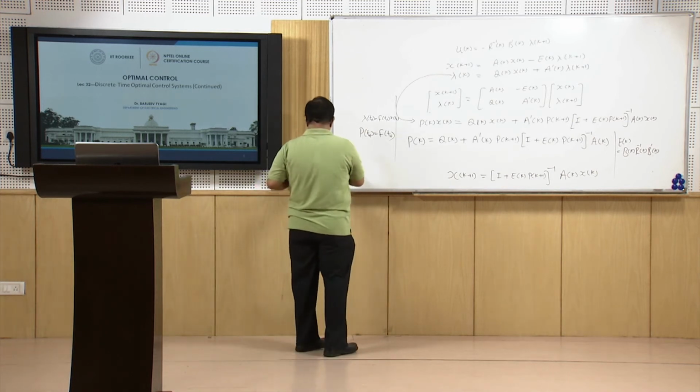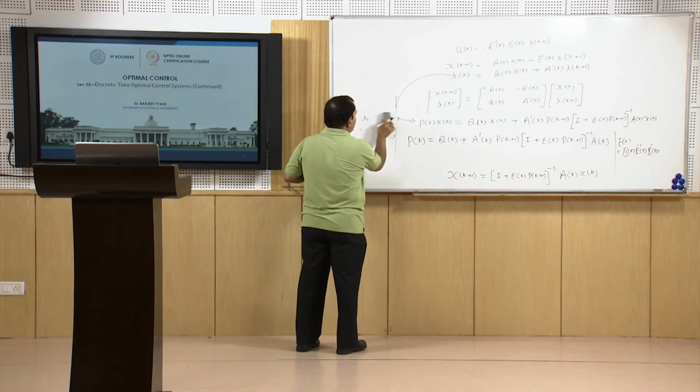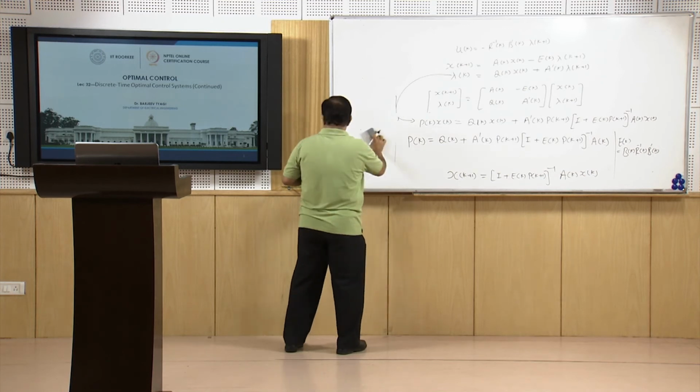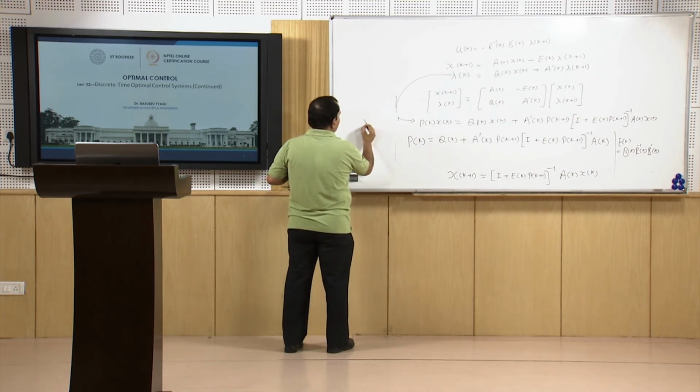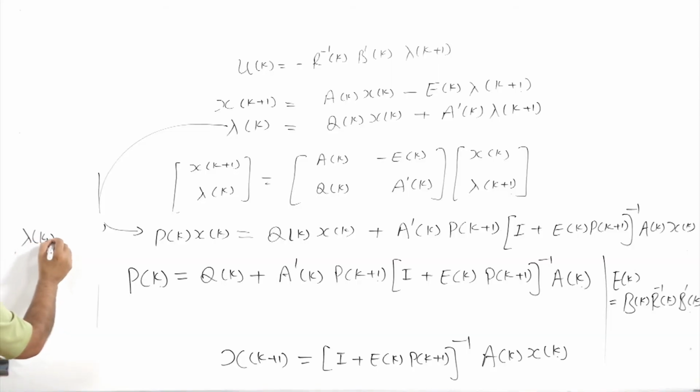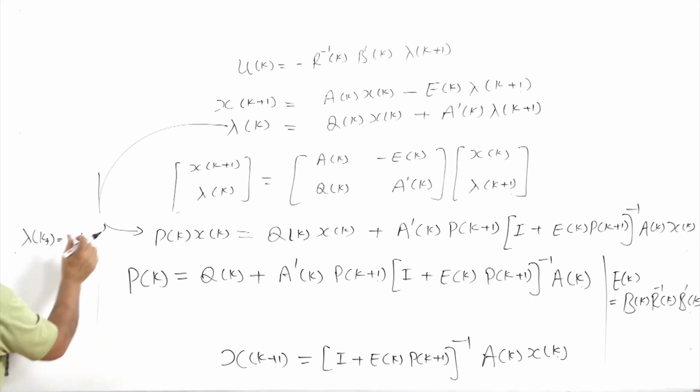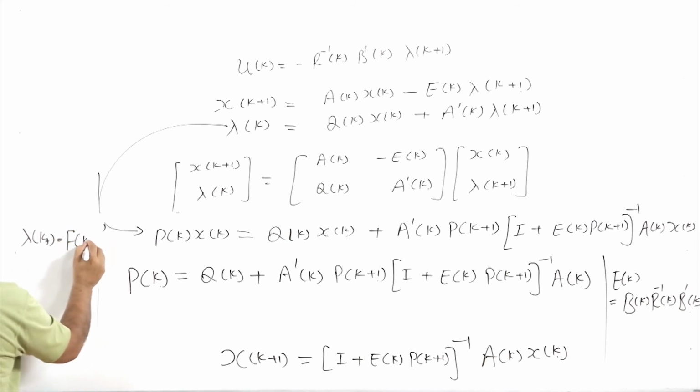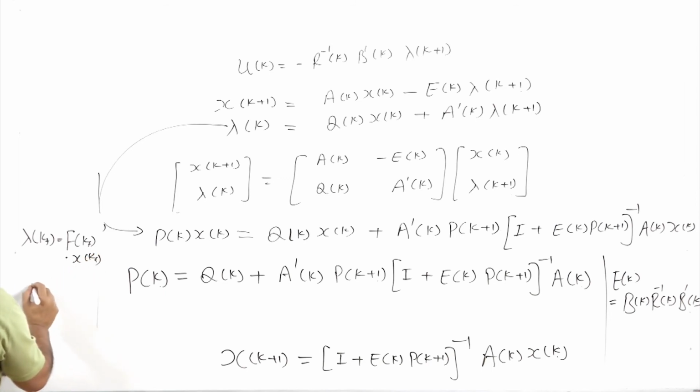Sorry, I have written this in the continuous form, but here we will have a discrete form, which will be lambda kf as F of kf multiplied with x of kf, and this will give us P of kf as F of kf.